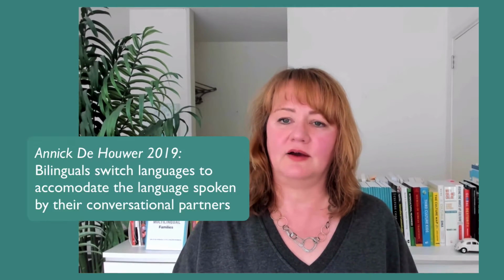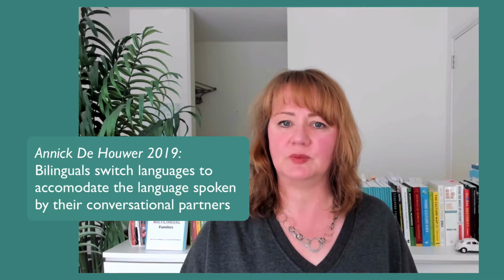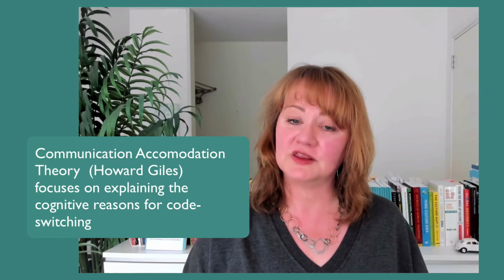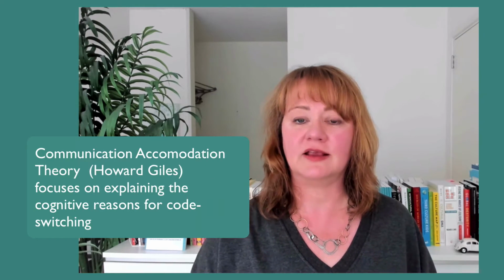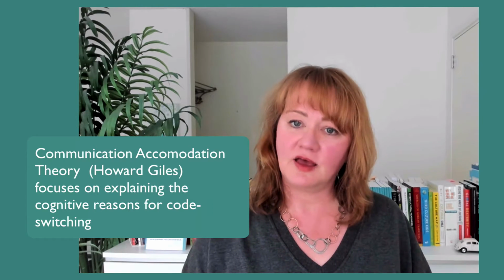To quote Annick de Houwer, bilinguals switch languages to accommodate the language spoken by their conversational partners. The communication accommodation theory focuses on explaining the cognitive reasons for code switching and other changes in speech by either emphasizing or minimizing the social difference between oneself and the other person in the conversation.